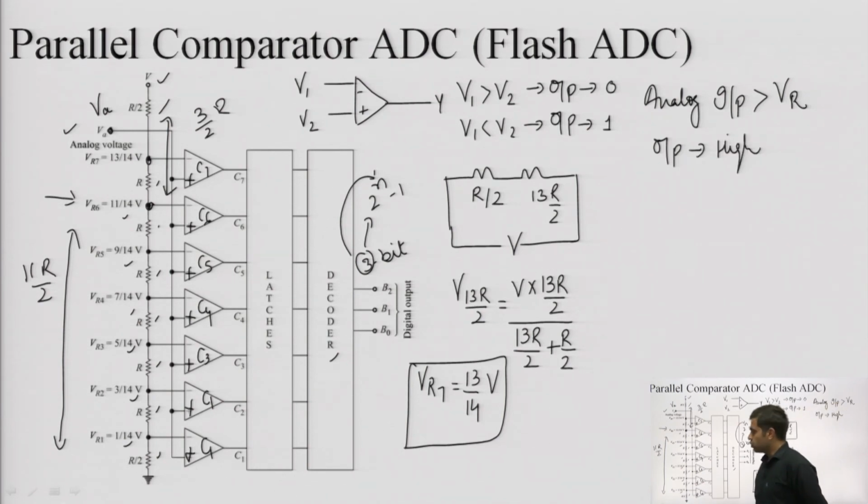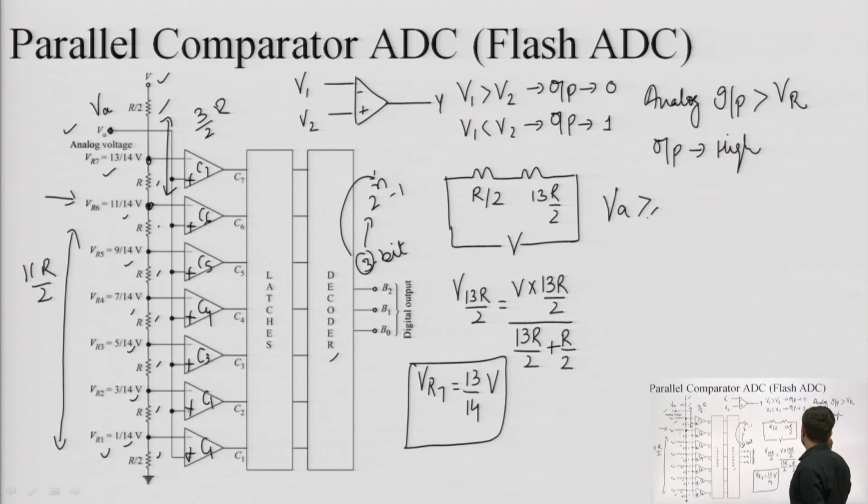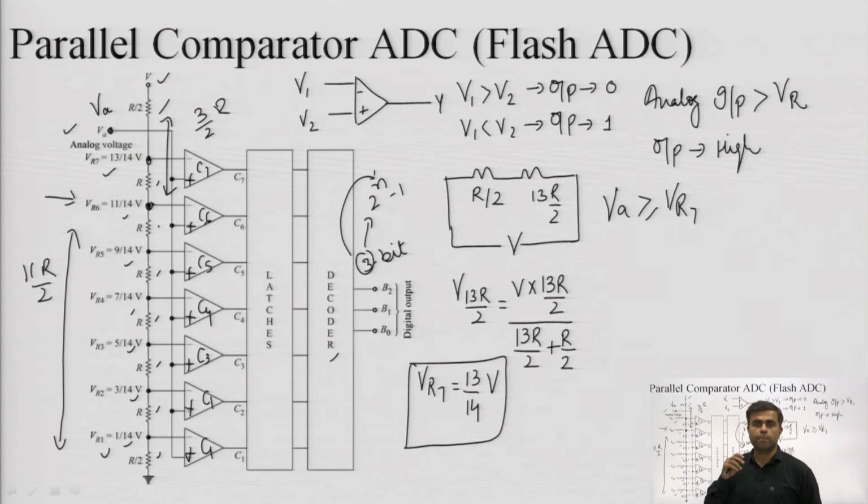Okay. So this thing we have to understand very carefully. The highest voltage among these voltages is 13/14 volt, and the lowest voltage is 1/14 volt. So if VA, the analog voltage applied on this terminal, is greater than or equal to VR7, then we need not check other comparisons, because the applied voltage is greater than the greatest voltage.